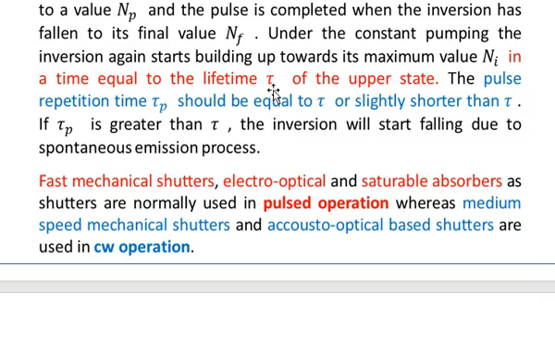Because if the population inversion further increases, what will happen? This is explained here. The pulse repetition time tau p should be equal to tau or slightly shorter than tau. If tau p is greater than tau, the inversion will start falling due to the spontaneous emission process.